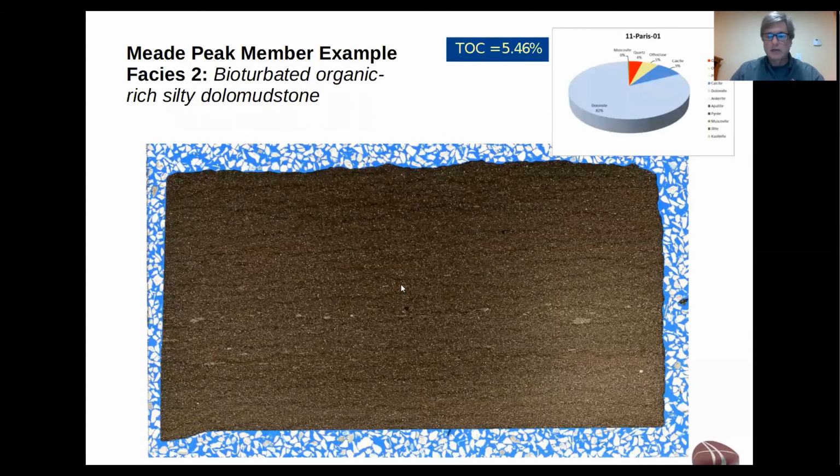So here's another example of what the Mead Peak looks like in its depocenter. Now, this particular sample has about a 5.5% TOC and is in fact mostly a carbonate in terms of its inorganic mineralogy. So about 82% dolomite here. You also see some calcite and a few percent of the siliciclastics.